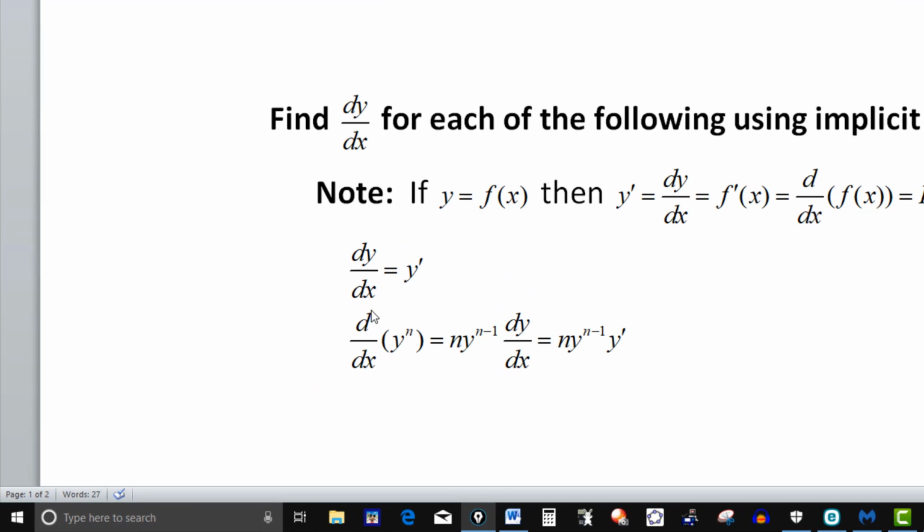If you're taking the derivative of y to the n with respect to x, then using your power rule, this would go again: n times the y, subtract 1 from the power, and then you multiply by the derivative of y with respect to x, because it's a function of x. If it's just y, it's just going to be y prime. But if it has a power, this is the way you're going to set it up. So again, instead of using dy over dx, I'm going to abbreviate it and just say y prime.